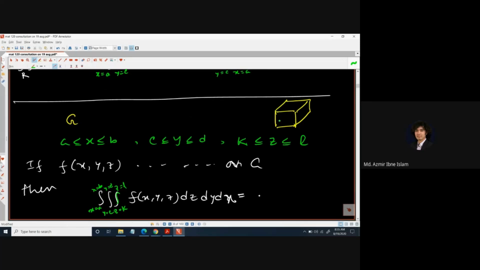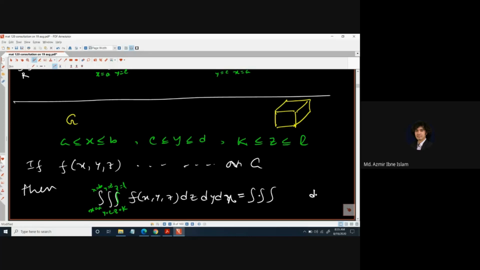But since we have a rectangular box and all the limits, the x limit, y limit, and z limit, are constant real numbers, we can also change the order based on our convenience.